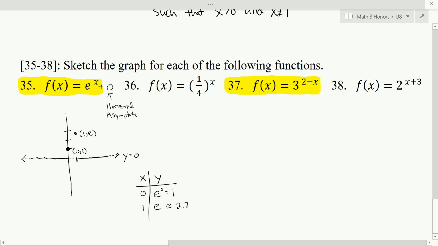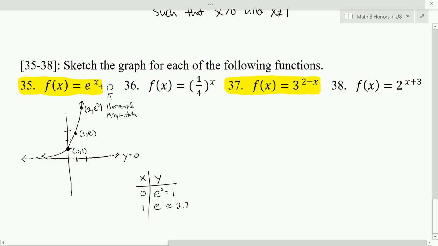And without a calculator, that's probably as much as you're going to want to do on that part. Normally I want 3 points, but with e, I'll accept 2 points if you don't have a calculator. If you have a calculator, then you can get another point. You can find out what e squared is. Or here we could do this. We could say here's 2. So this point right here would be 2, e squared, and not label our y-axis. Okay.